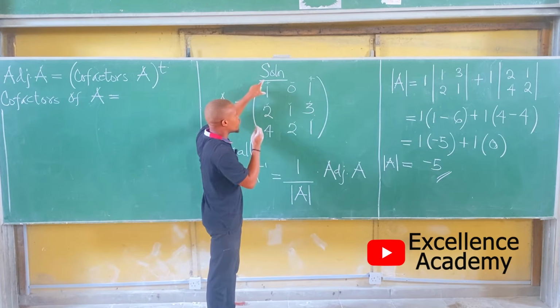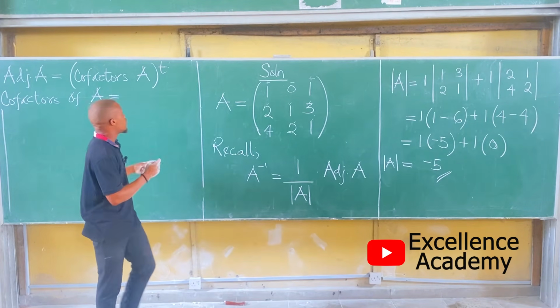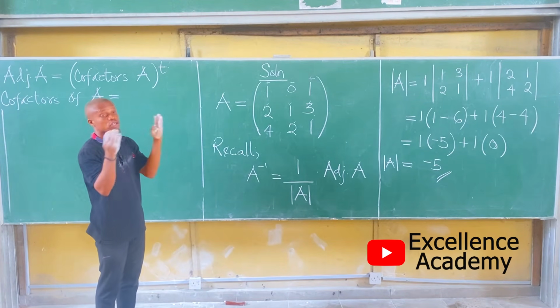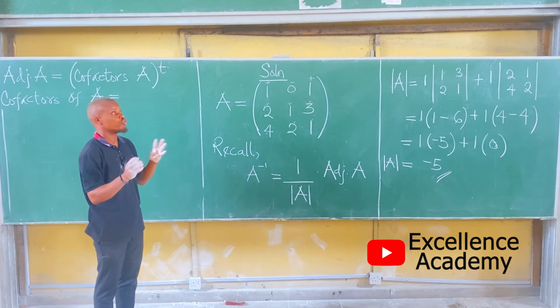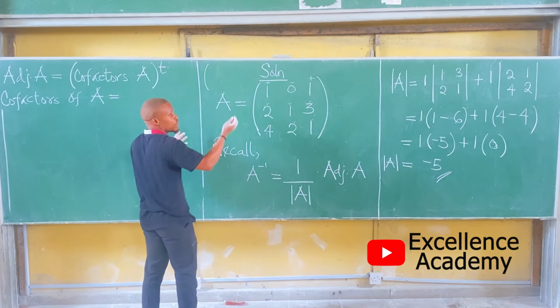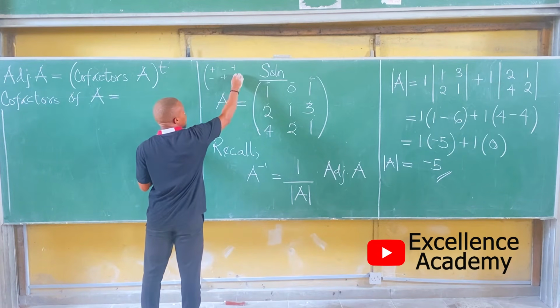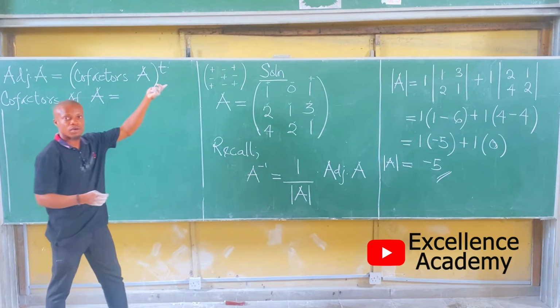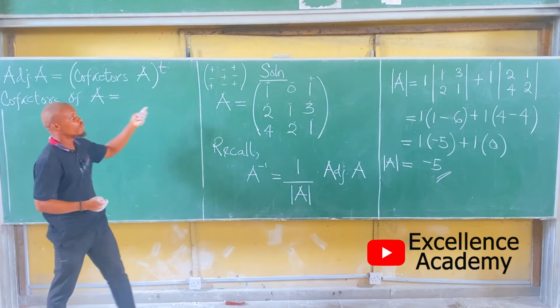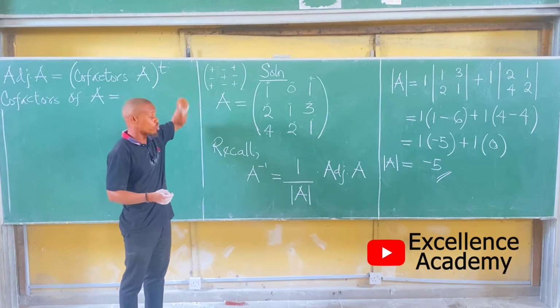Always remember, write down your sign convention anywhere you want so you don't forget. It's a 3 by 3 matrix, so I'm having plus, minus, plus, minus, plus, minus, plus, minus, plus. When working with cofactor, remember your sign convention.